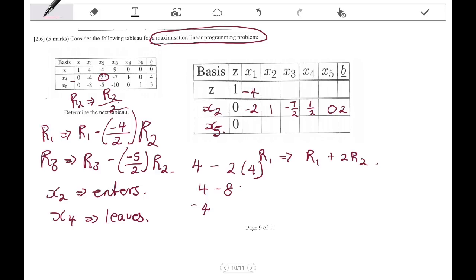Then you do the very same thing to the rest. If you continue with this algorithm here, you are going to get 0. You're going to get 0 here. And then for the next one, you're going to get -5. Next one, you're going to get 2, 0.